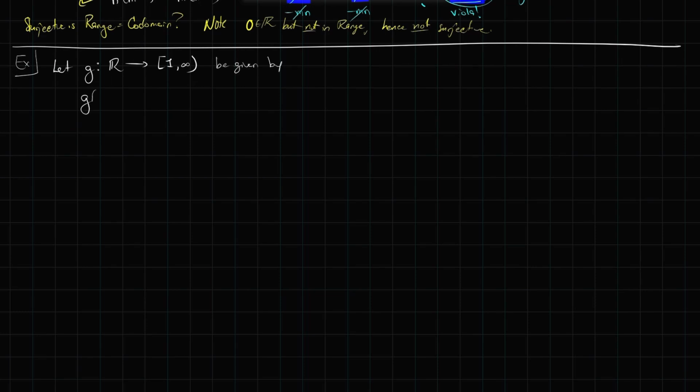and so g needs to be associated to its rule, and the rule for g will be x squared plus 1. Then we'll define another function f, so we'll say that f goes from the codomain of g back into R, be given by, let's make f of x's rule the square root of x minus 1.